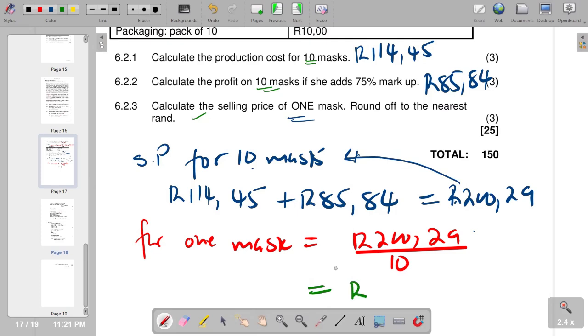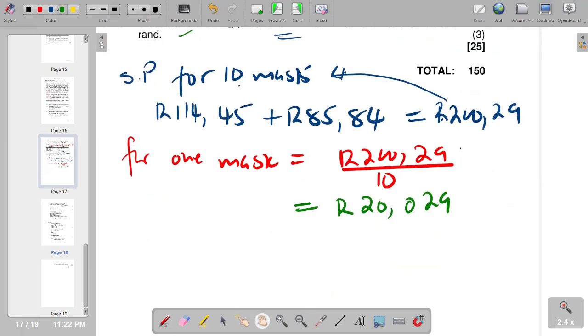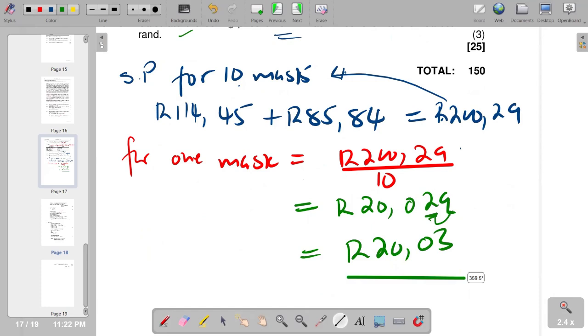It will be 20 rand 0.029. And of course, this is money, so we round it off to 2 decimal places. It becomes 20 rand 3 cents. We got our 2, and then we check behind; we got 9. So we need to add 1 there to become 20 rand 3 cents. So basically, this becomes the price for one mask.